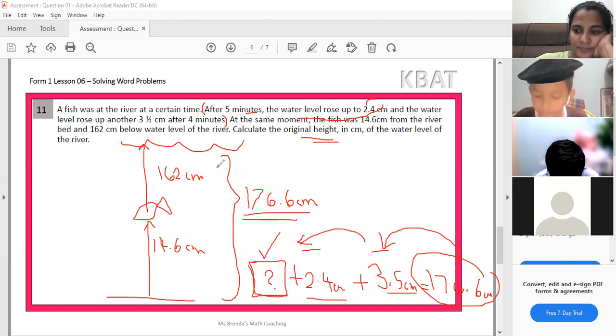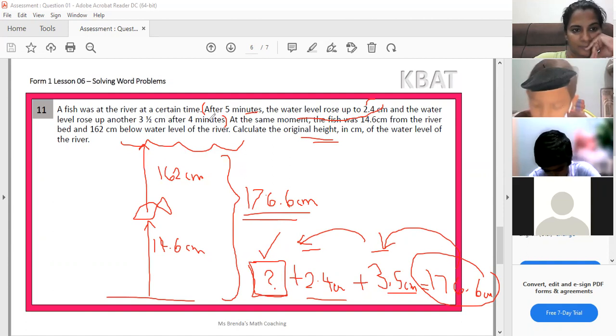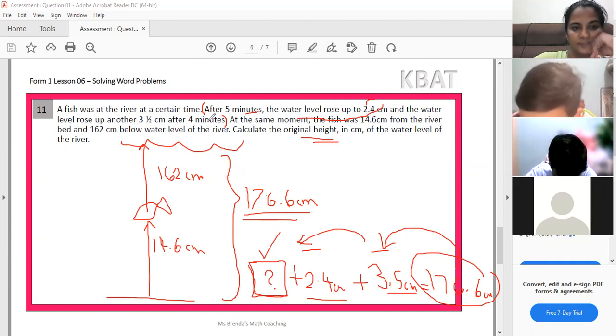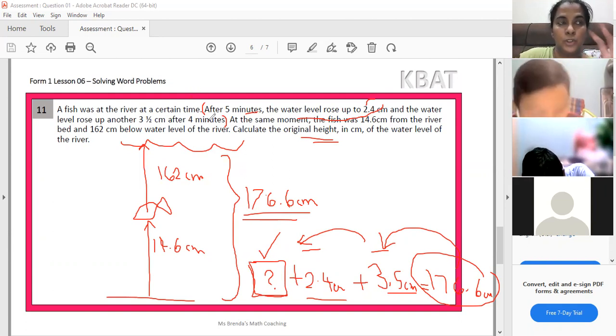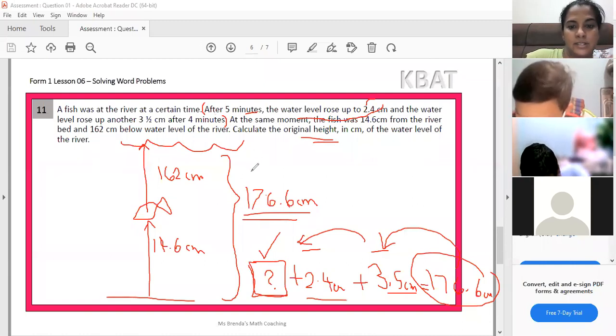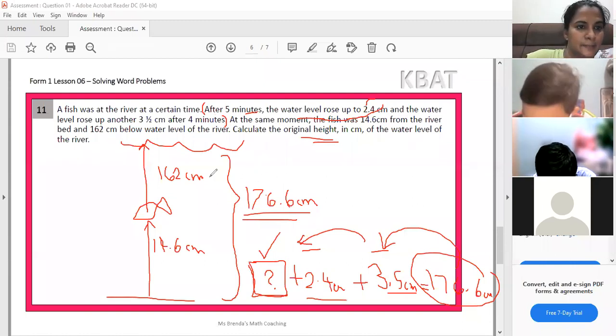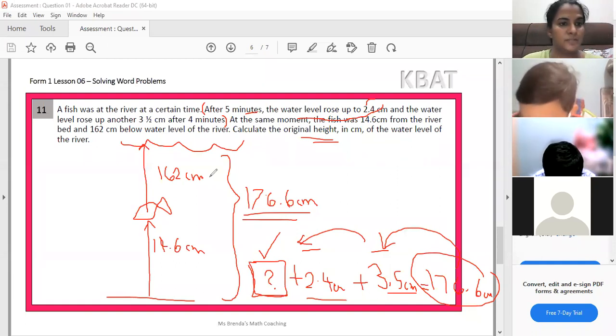Dapat jawapan? This one is a soalan kibat because you are using the fish as a tool to find the total height. 176.6. Sorry, 170.7. That's according to Rishabh's answer, but let me calculate on my side.